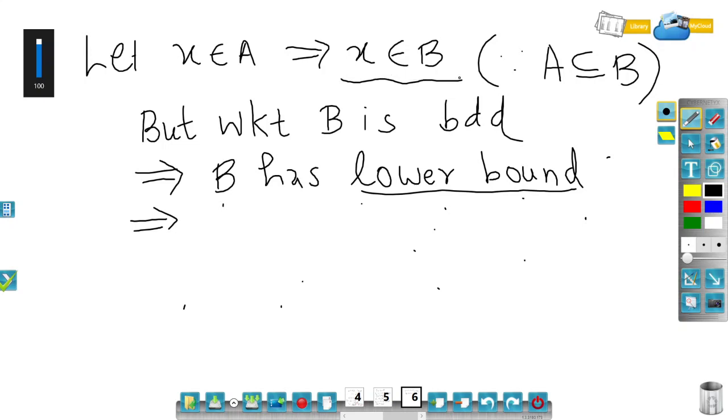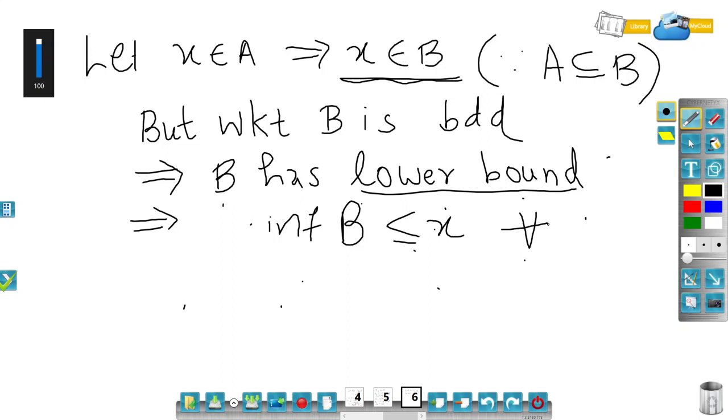So if x belongs to B, then definitely infimum of B is less than or equal to x, because infimum of B is a lower bound and x belongs to B. A lower bound is always smaller than any element from the set. So infimum of B is less than or equal to x.